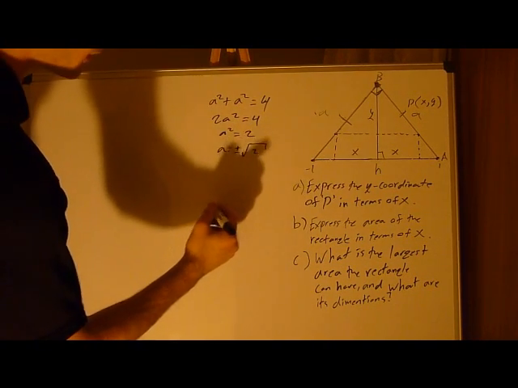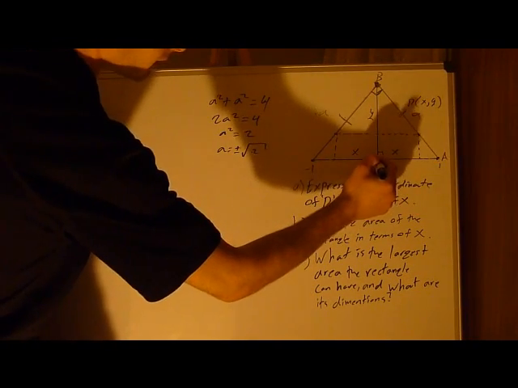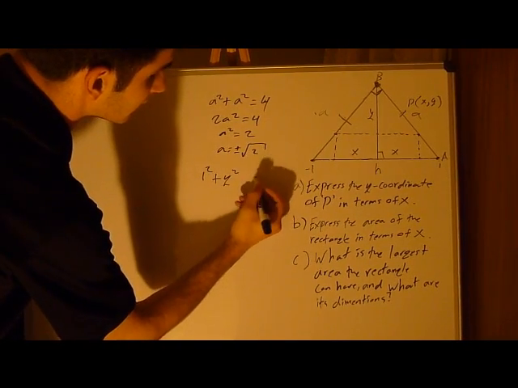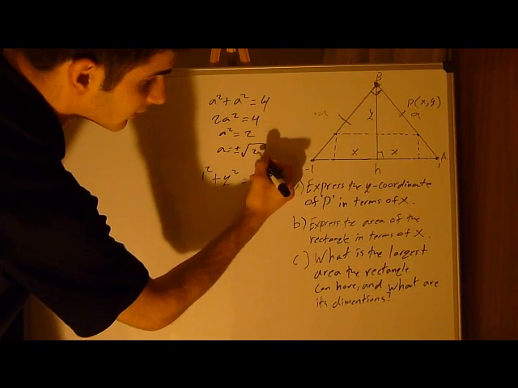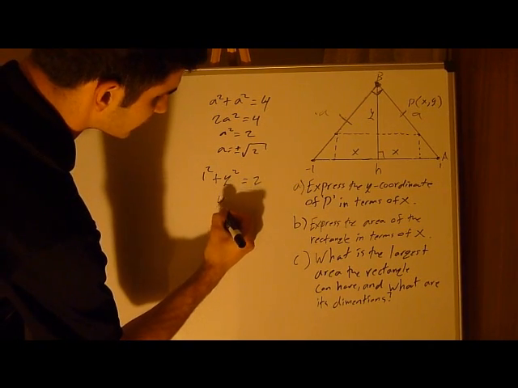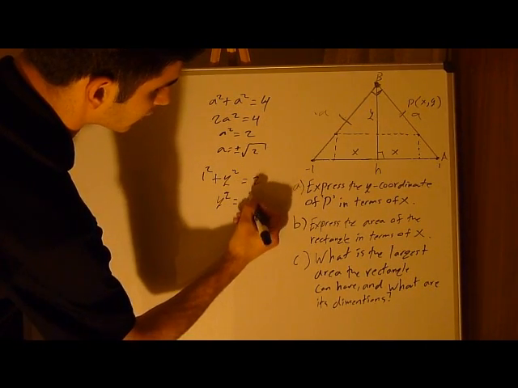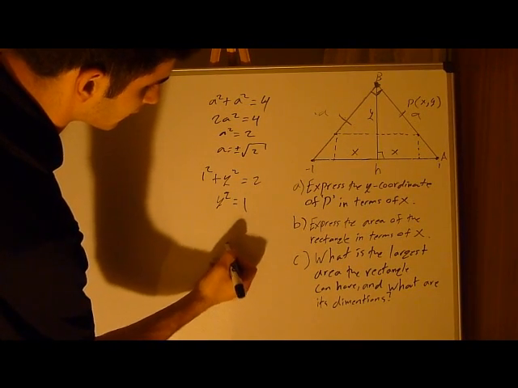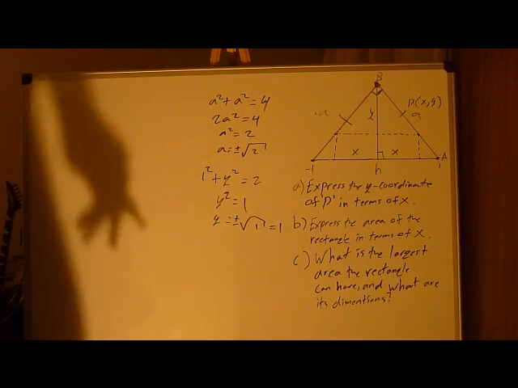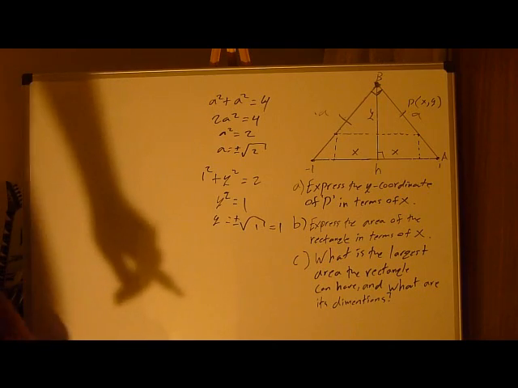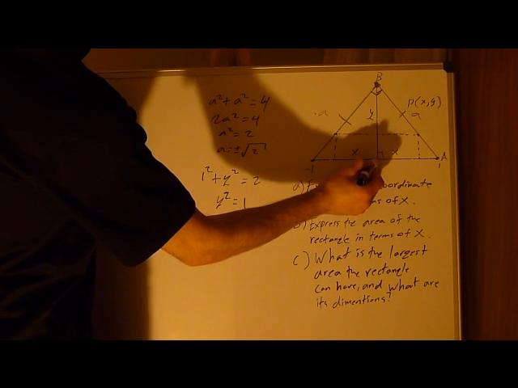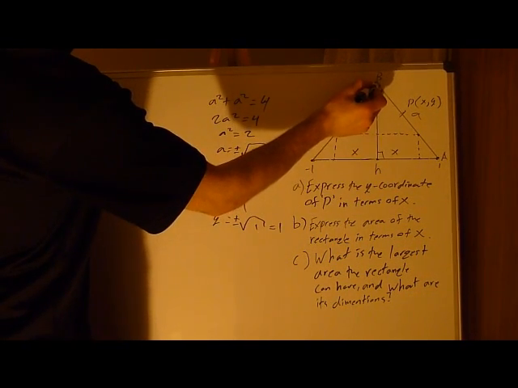If this is 1, then 1 squared plus y squared is equal to root 2 squared, which is 2. 1 squared is just 1, so y squared is equal to 2 minus 1, which is 1. y is equal to plus or minus root 1, which is 1. Of course it's 1 because it's in the positive direction. If this was 0, 0, then this is going to be 0, 1.